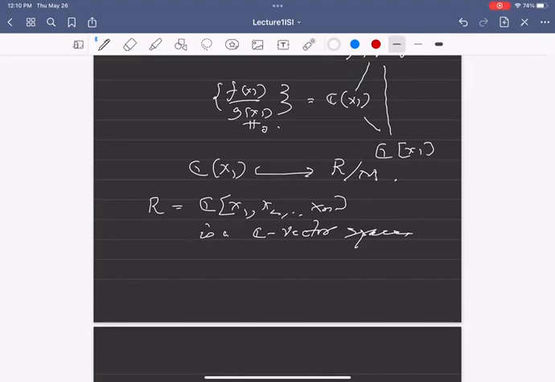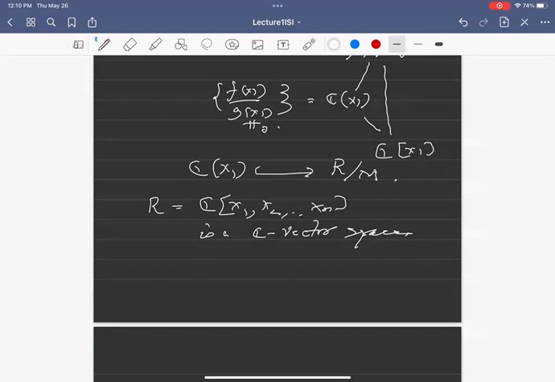Just think of C[x] only. In C[x], suppose I take 1, x, x square, x cube. Are they linearly independent? Look at these infinitely many polynomials, 1, x, x square, x cube, x4, x5. Are they linearly independent? Yes, sir. Linearly independent. So then in C[x1, x2, ..., xn], if I take all monomials, they are linearly independent, right? That's the meaning of indeterminates. When I say x1 up to xn are indeterminates, that means there is no polynomial relation among x1 up to xn.